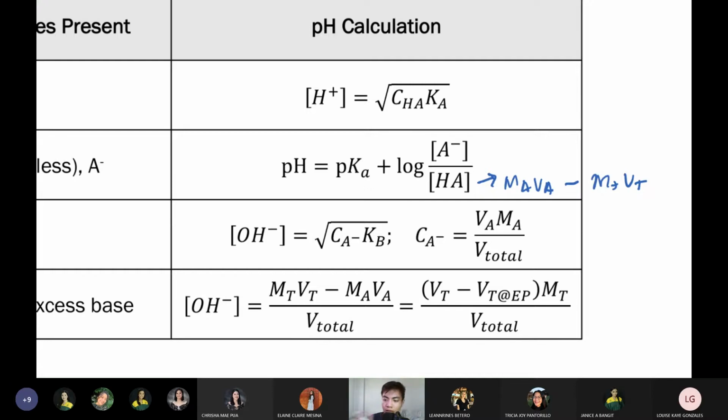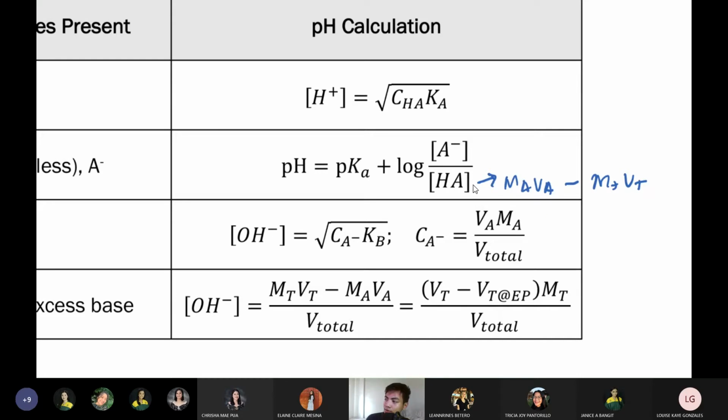Bakit hindi molarity? Kasi ganito. If you are in the same solution, ang volume ng dalawa ay same. Total volume eh. Pwede mag-cancel yung volume, so you will be left with moles. So instead of using molarity, we will now use moles na lang.